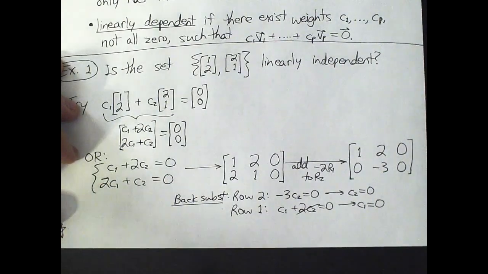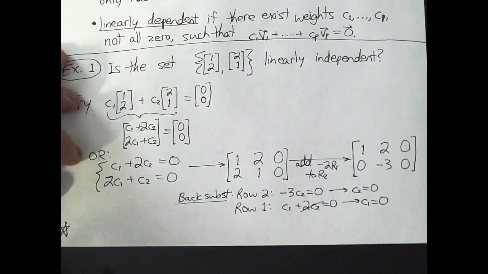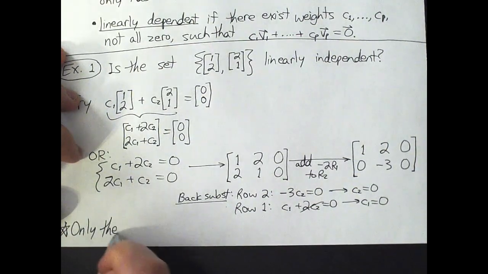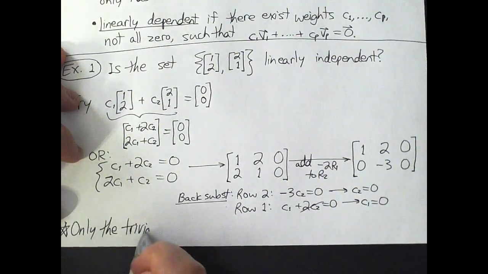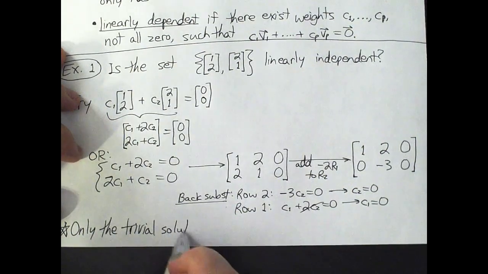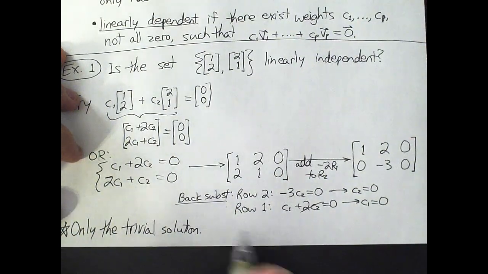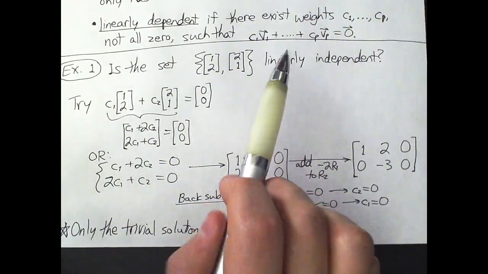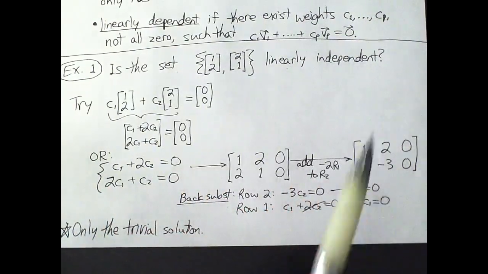Okay, I'm going to write on this bottom line the conclusion. There's only the trivial solution. So don't just stop here and be like, I'm done with the problem. You didn't answer the question yet. Is the set linearly independent? You did all the work.